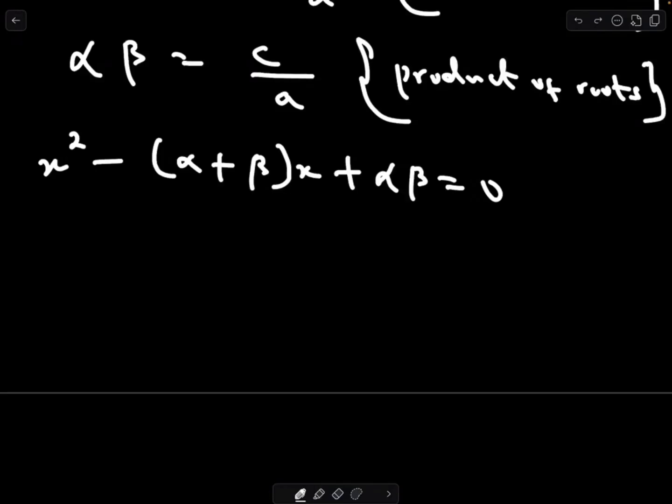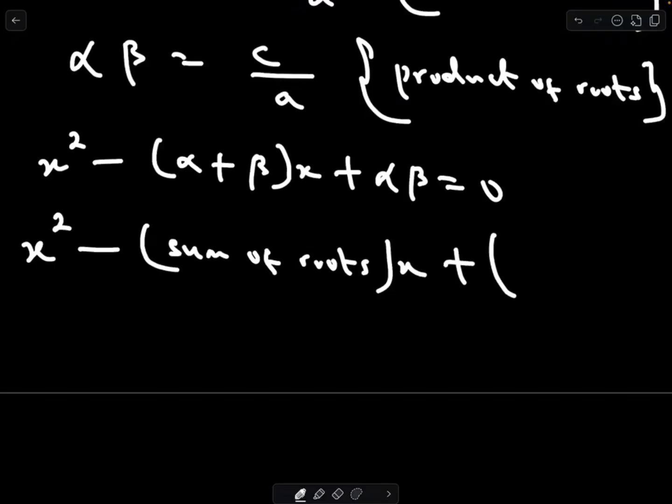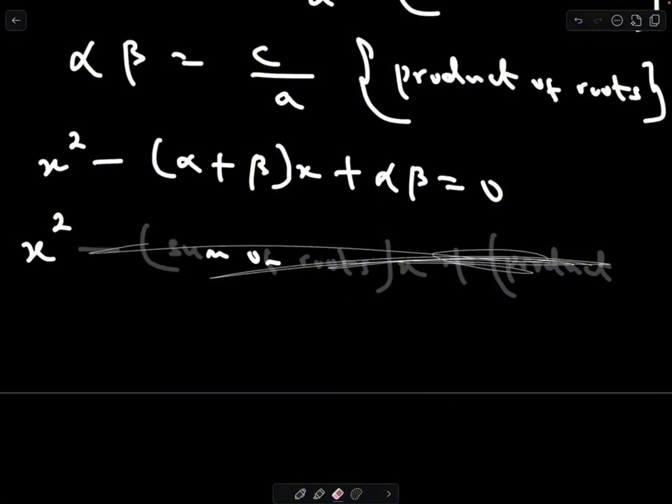In other words, you can write a quadratic equation in terms of its roots as x squared minus sum of roots times x plus product of roots.